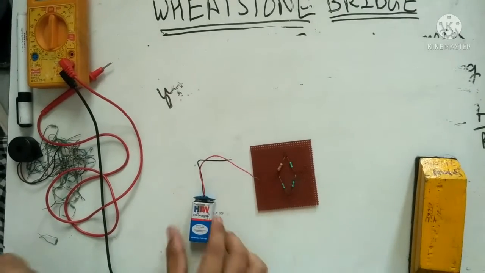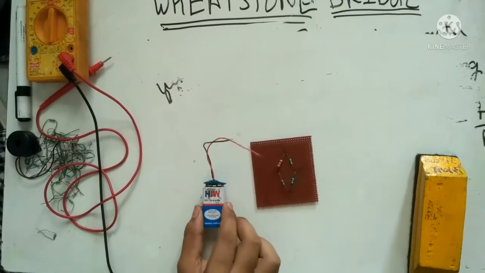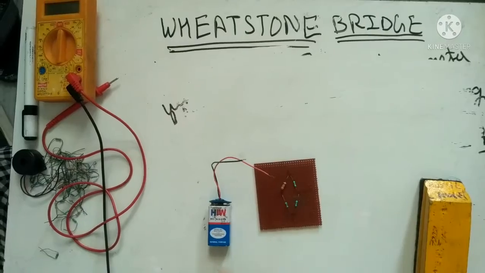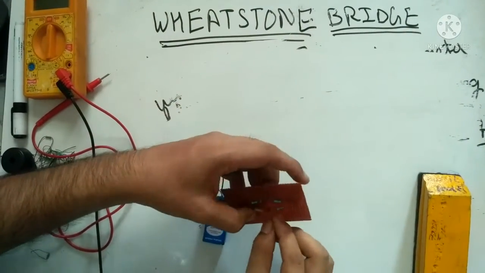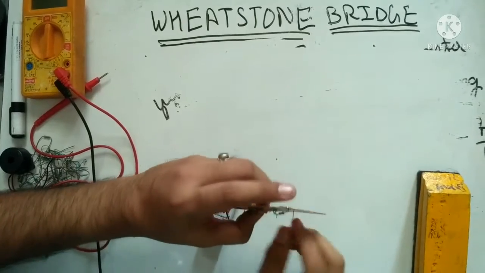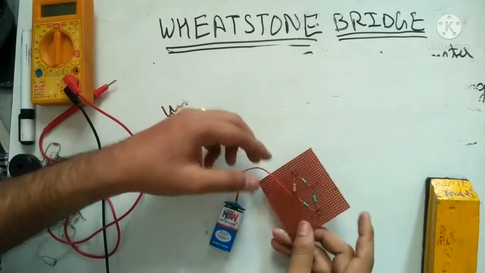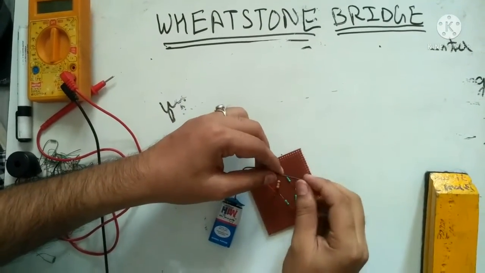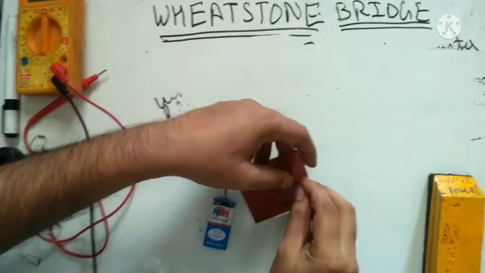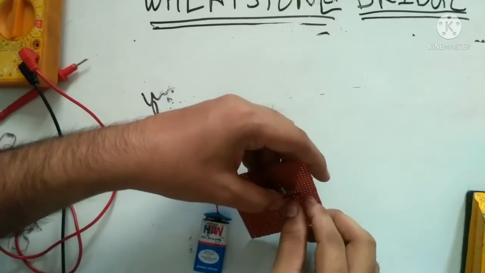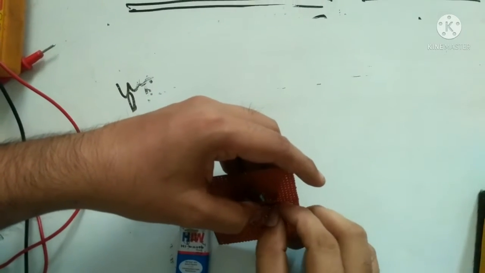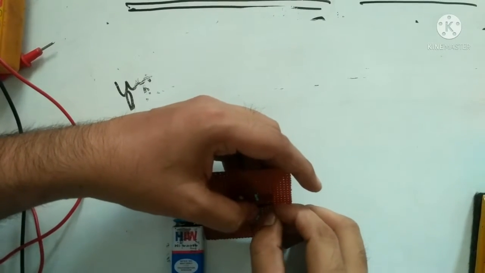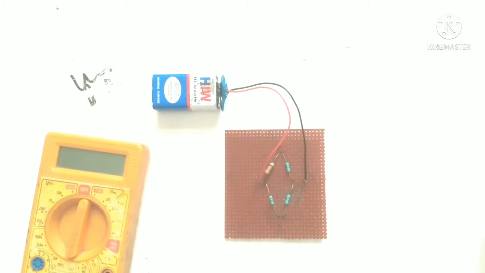So students, now this is the 9 volt battery. We will connect this battery in this circuit at these opposite ends. Students, the red wire represents the positive terminal, and the black wire represents the negative terminal. So I am connecting it.